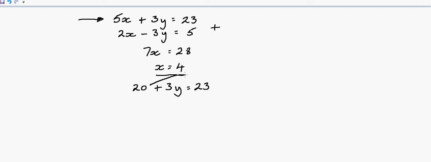As always, the number comes over. So remember the sign change. So 3y equals 23 minus 20. So 3y equals 3. So y equals 1.